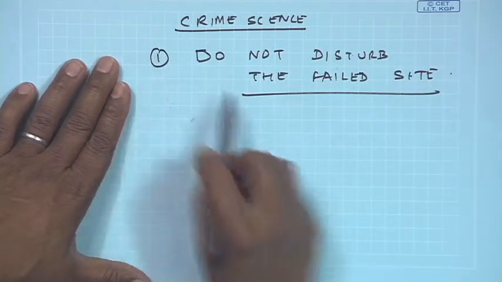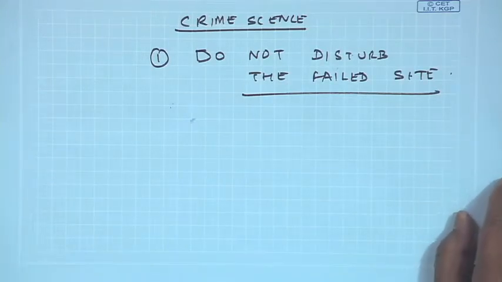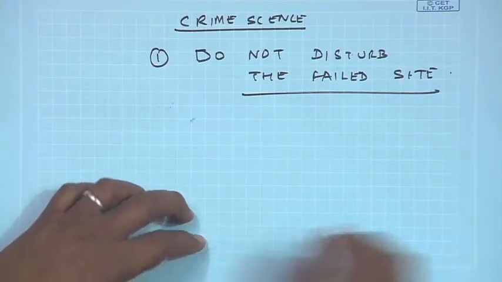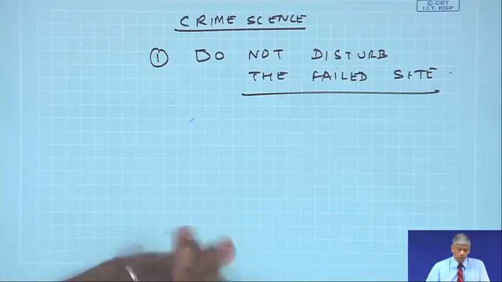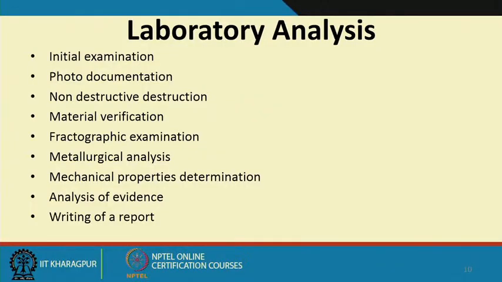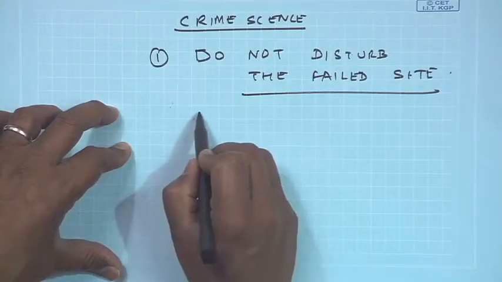First step, take a lot of photographic documentation. Nowadays, of course, people are also doing videography, etc. But a good photograph with a high resolution camera is good enough to show where the failed components have fallen or what is the condition of the surface. Then immediately, on some of the failed components, many of the non-destructive testing can be done. So, what non-destructive testing can we do?